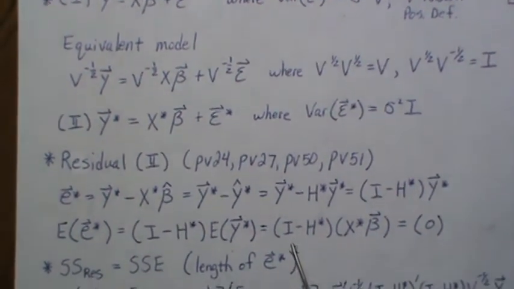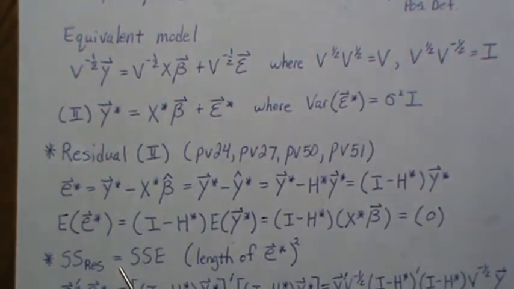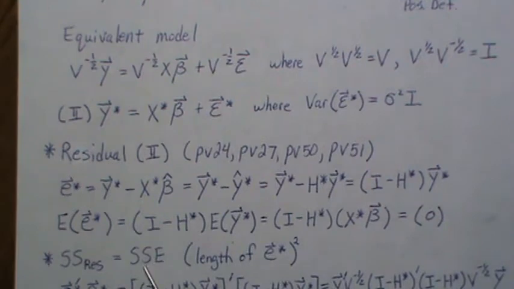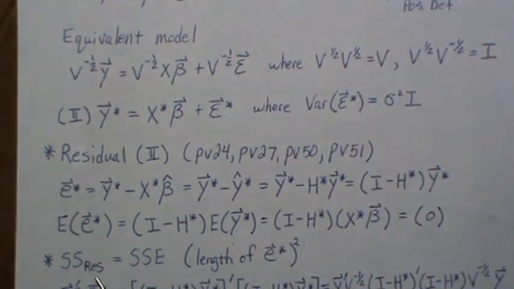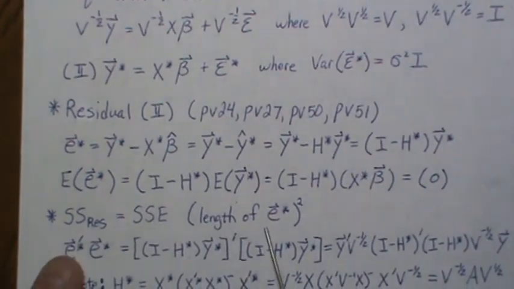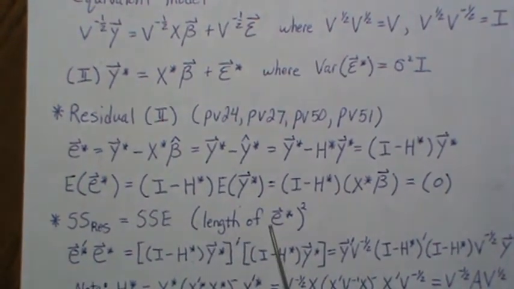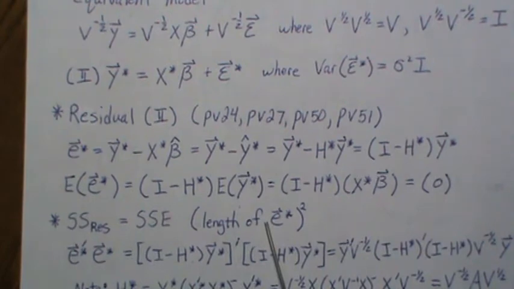Now let's look at the sum of squares residual, which is also commonly called just the sum of squares error. Let's look at the squared length of that residual, which is what the sum of squared residuals is. Whenever you talk about length or orthogonality, you really need to ask the question, what inner product are we using to determine length or orthogonality?